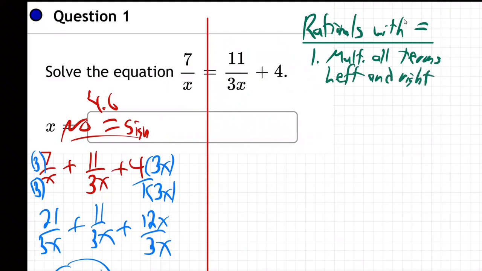I'm not thinking top and bottom. Left and right by the LCD over 1. The least common denominator. What's the least common denominator? Same thing it is over here, 3x. So I'm going to multiply through by 3x. I'm going to go 3x over 1. Notice.